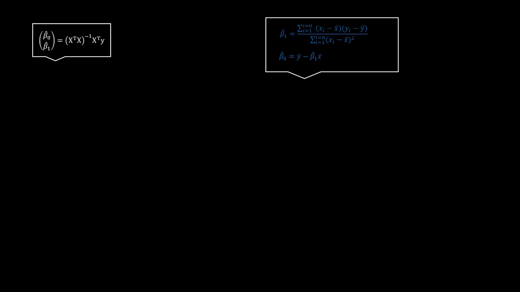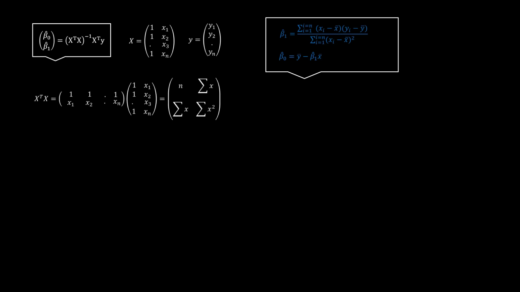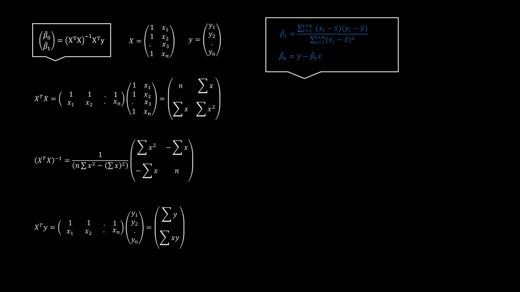Let's try to match this result using the matrix-based formula that we derived earlier. In case of simple linear regression, y is a vector and x is the design matrix, which look like this. X transpose x gives us a cute little 2x2 matrix. Inverse of a 2x2 matrix is super easy. Now x transpose y gives us this.